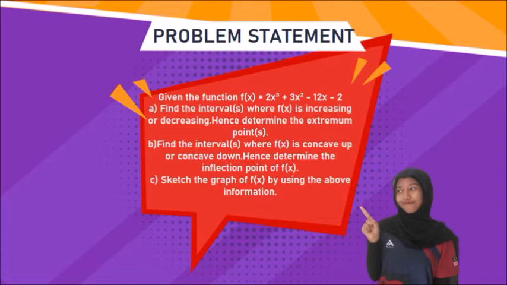Hence, determine the extremum point. B. Find the intervals where f(x) is concave up or concave down. Hence, determine the inflection point of f(x). Sketch the graph of f(x) using the above information.